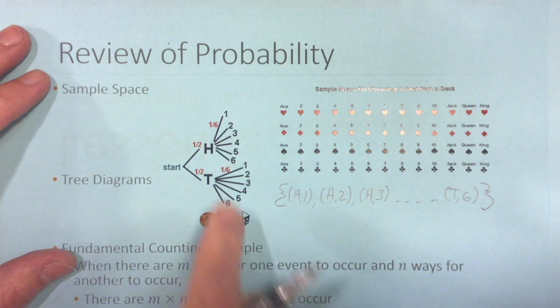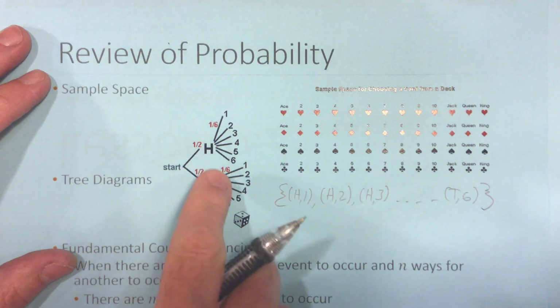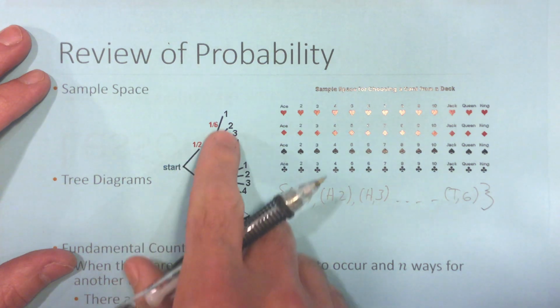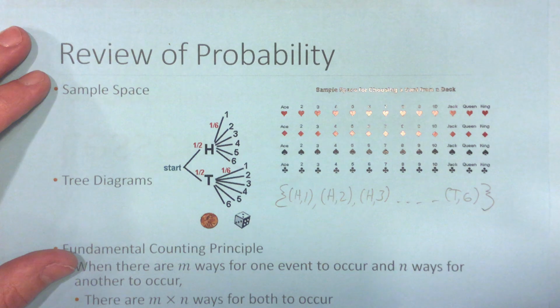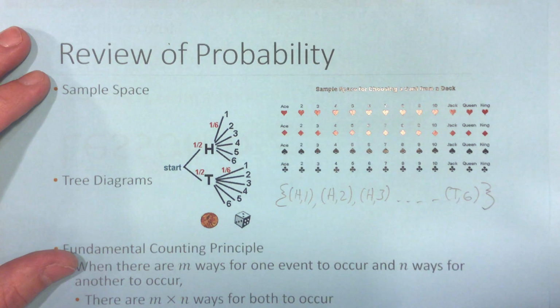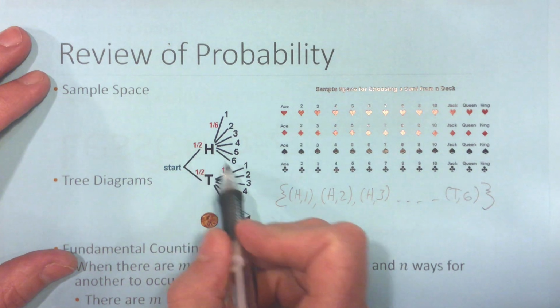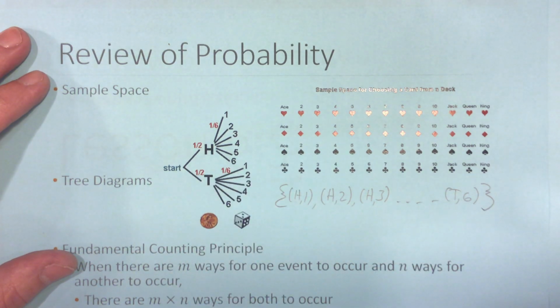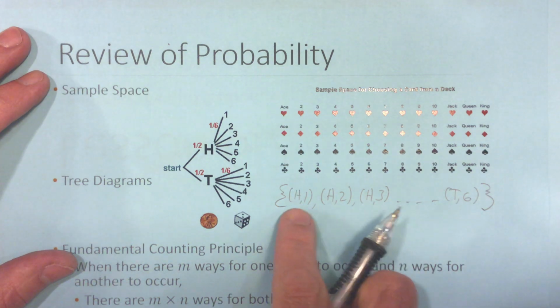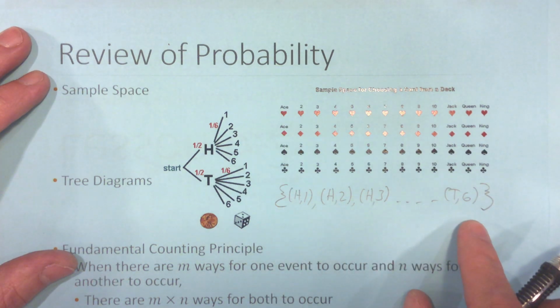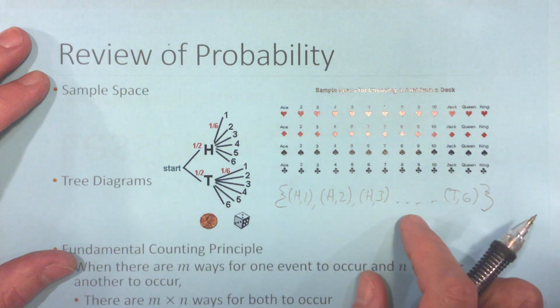Now, the nice thing about the tree diagram is you can multiply your way down these branches to find the probability. So if you say, oh, what's the probability my coin lands on heads and my die lands on 6, I would go, okay, 1/2 times 1/6, it's 1/12. Okay. Now, with my sample space, I would list all 12 outcomes out, and all 12 would be equally likely. So again, I could say 1 out of 12.